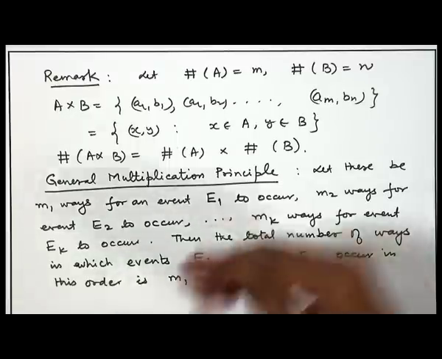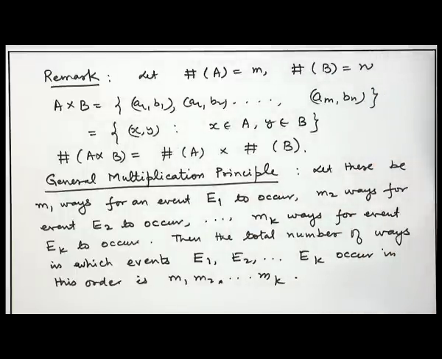This is because if I consider the Cartesian product A cross B or B cross A, it has the same number of elements. The order of the elements may be different, because if I say B cross A, then firstly you have to say B1 then A1, that means, B1 followed by A1, and it is not the same as A1 B1, but the total number is the same.